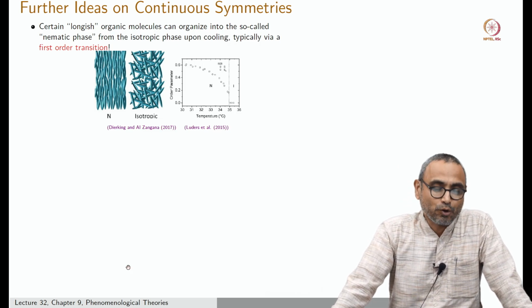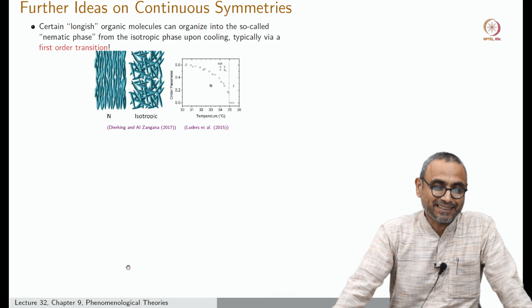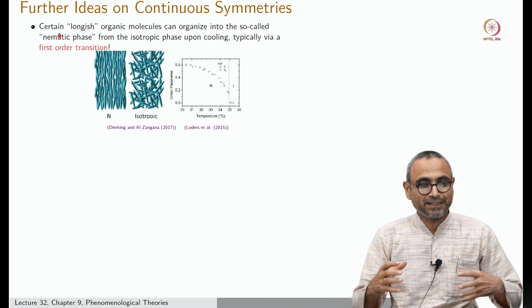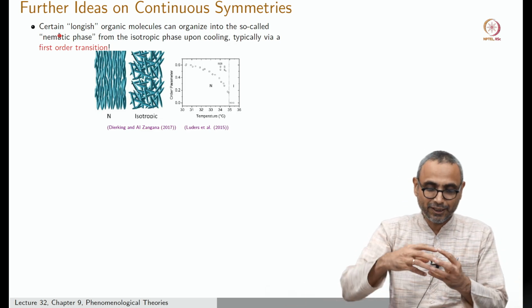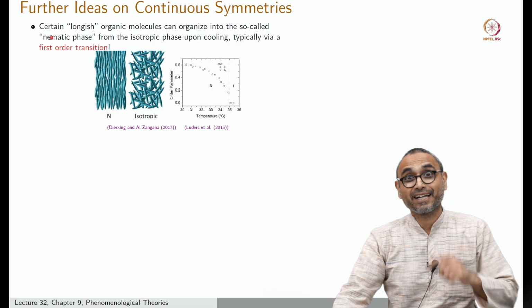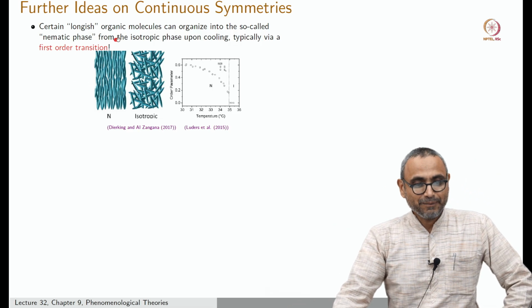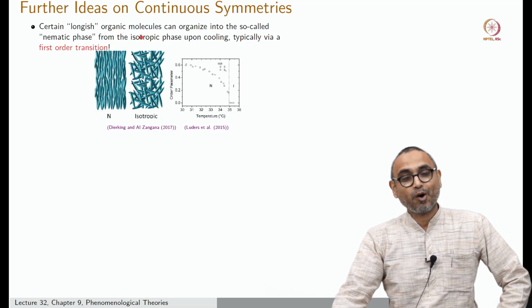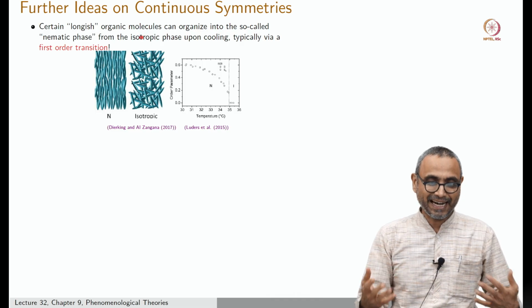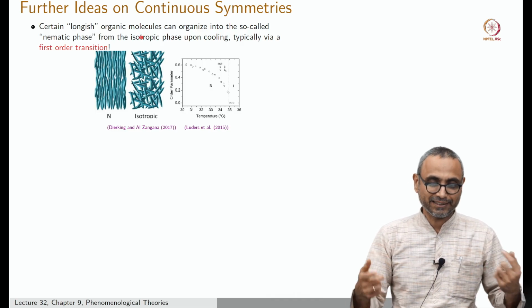Very early on in the course, we had looked at what are called nematic systems. So what happens here is you put together a bunch of longish organic molecules, longish meaning that they look like rods, right? They look like rice grains, if you wish. And so you can create a system where all these molecules are interacting and they are fluctuating thermally and so on.